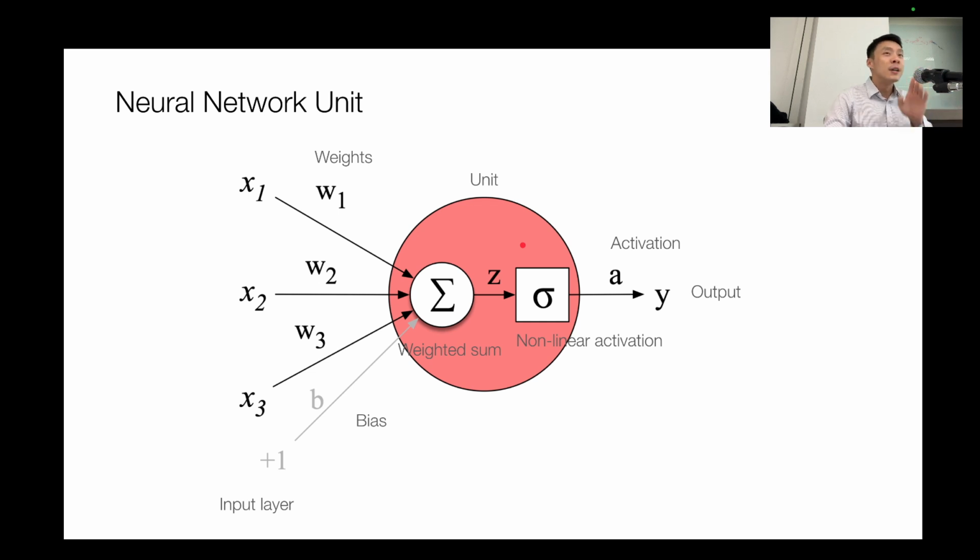Usually they do in the brain, but in this model, we assume that neurons in the same layer don't connect. We call this a layer, and this is another neuron. So how does one unit, one neural network unit or neuron, compute something?